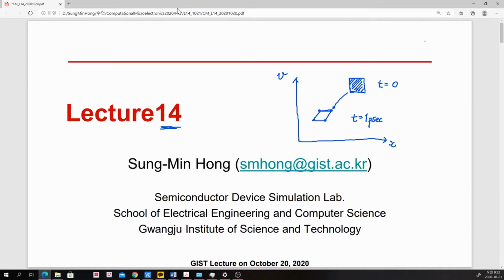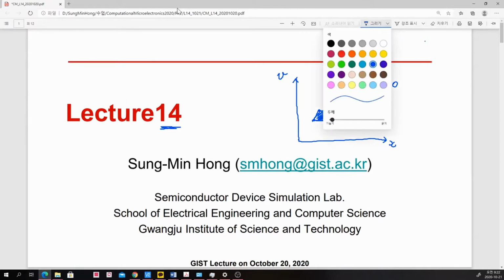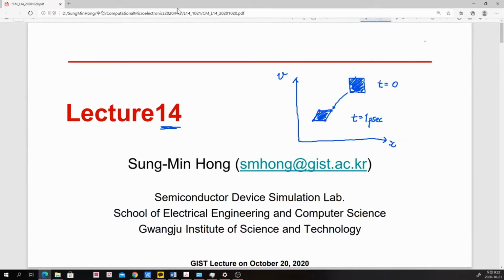Okay, so if we have 1000 electrons originally, then a short time later there will also be 1000 electrons in this box.